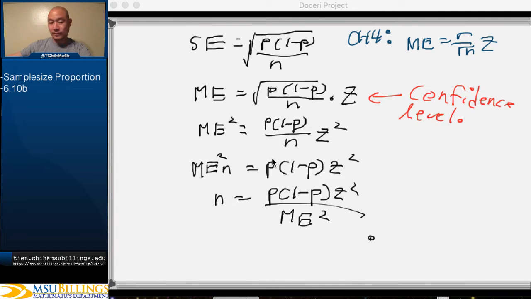And so there you have it. That is a catch-all formula for how we could go about finding the size of the sample if necessary. So let's take a look at an example problem and see how this would be applied.